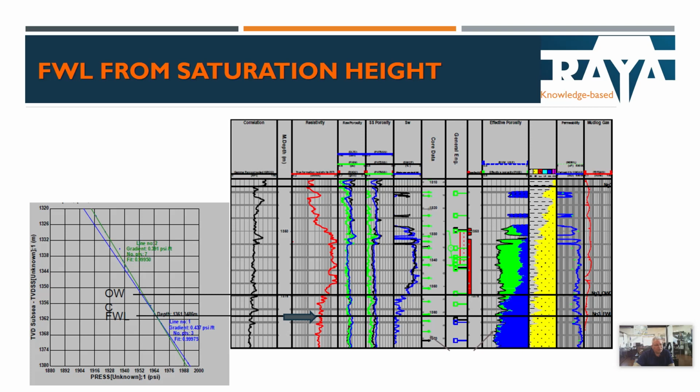That's why we need to model saturation height above the free water level, using the free water level from the formation tester to achieve the right free water level depth.